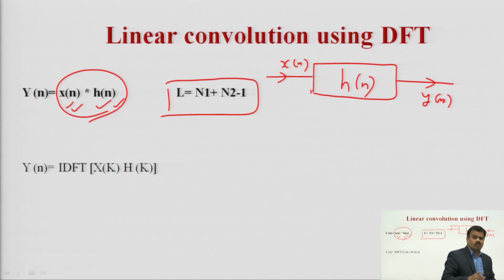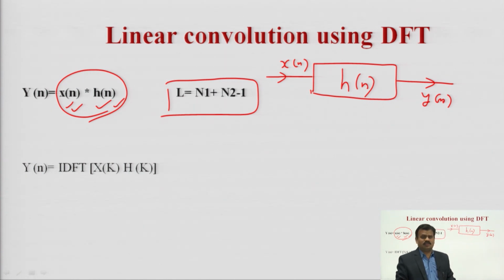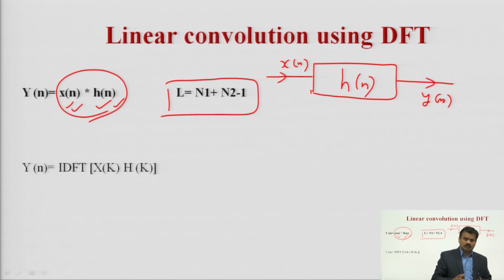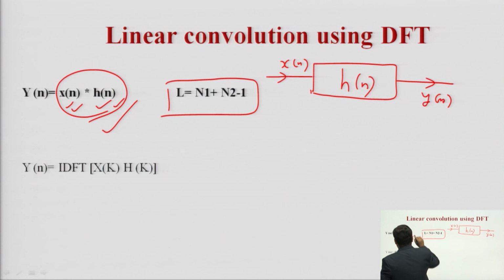So, in this way you can calculate your output of the discrete time system also, because generally we are doing all these for the discrete time system, and your objective is to calculate the output of your LTI system. So, you can calculate this output by this formula only, and this will be the necessary condition.